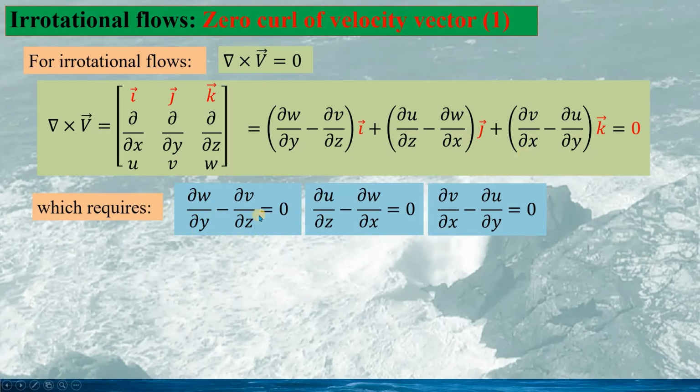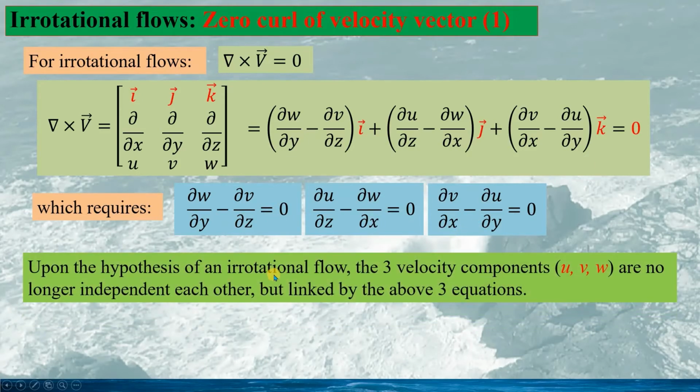Thus, we have three equations. See this. So we can see, by assuming the flow is irrotational, the three velocity components u, v, and w are no longer independent of each other, but linked by these equations.